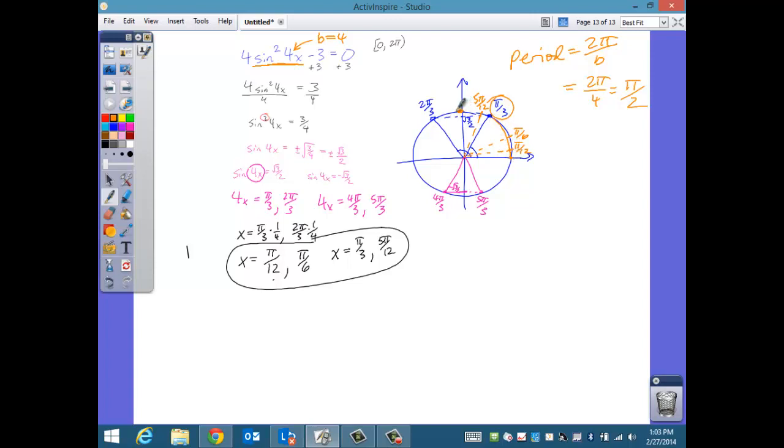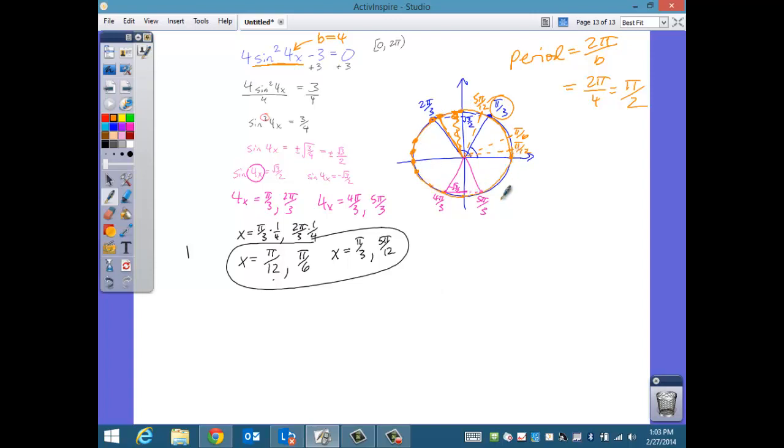So what do you suppose is going to happen when we continue on to pi? We're going to get 4 more. We'll get 1 here, 1 here, 1 here, and 1 here. And then when we continue from pi to 3 pi over 2, we're going to get 4 more. You get the idea. We'll get 4 each time.